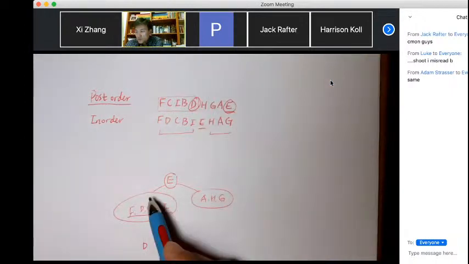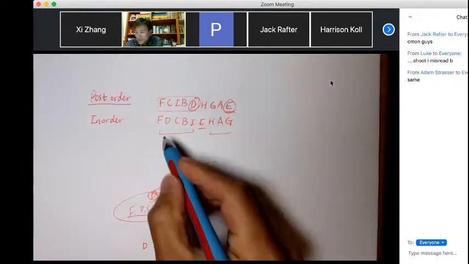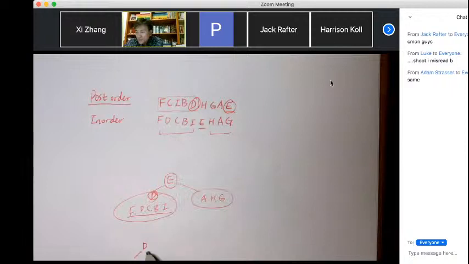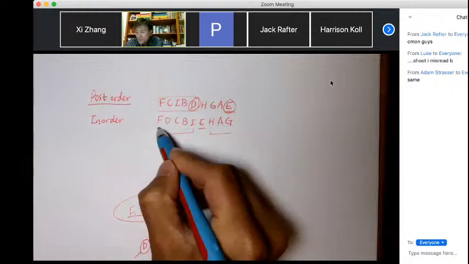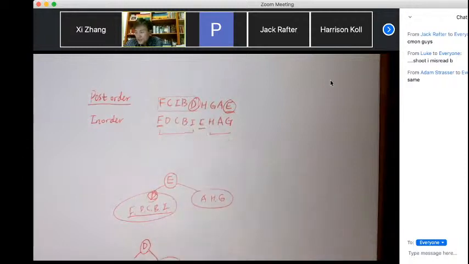So this one should be D. And D should have F as the left child, and C, B, I should be in the right side of D.